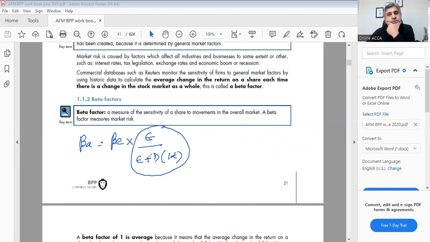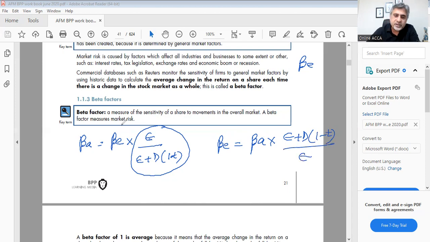And if you have to convert asset beta into equity beta, the other way around, then you say asset beta multiplied by E plus D into 1 minus T divided by E. So it will go to the opposite side.